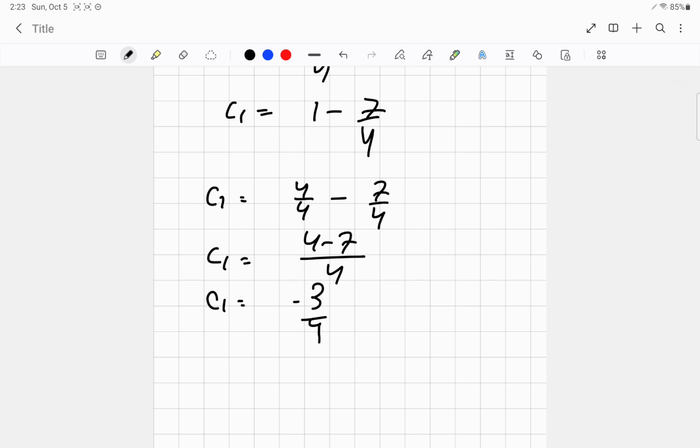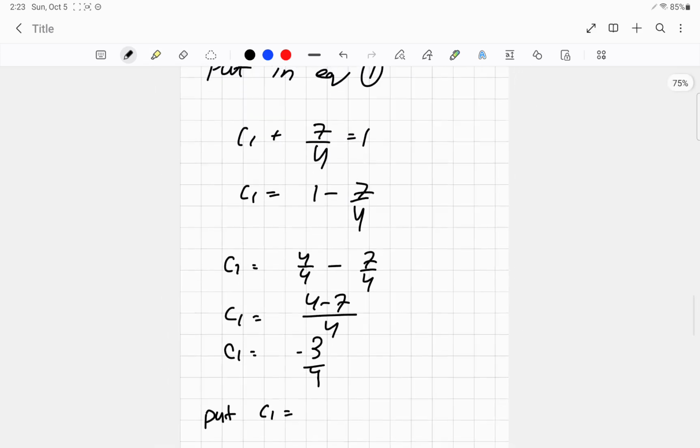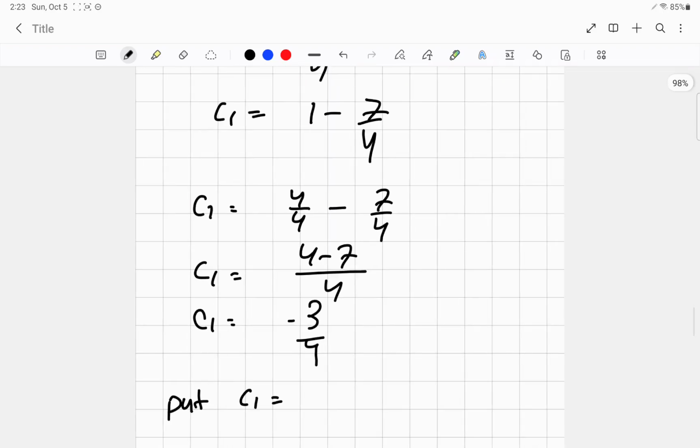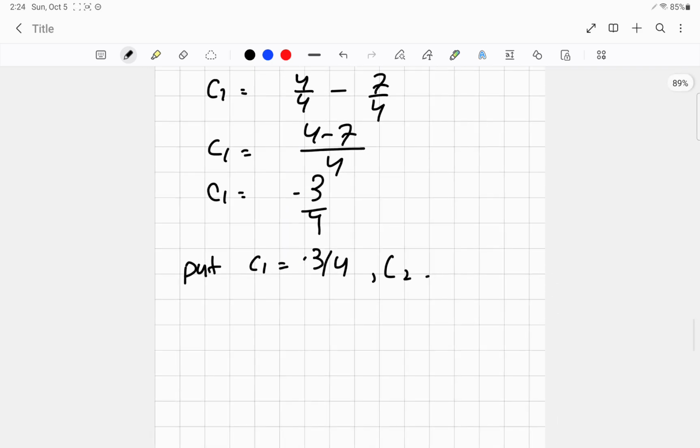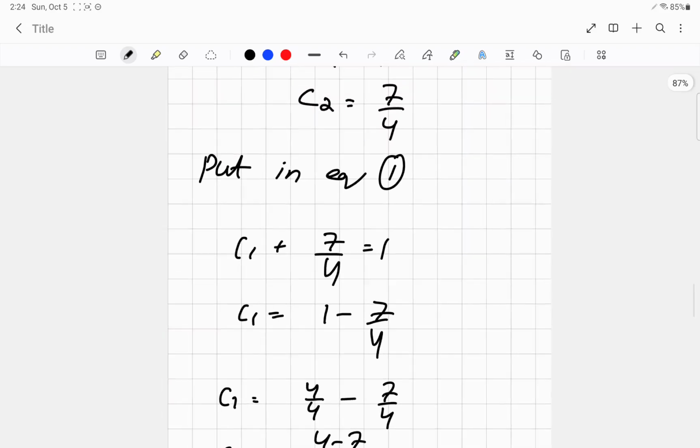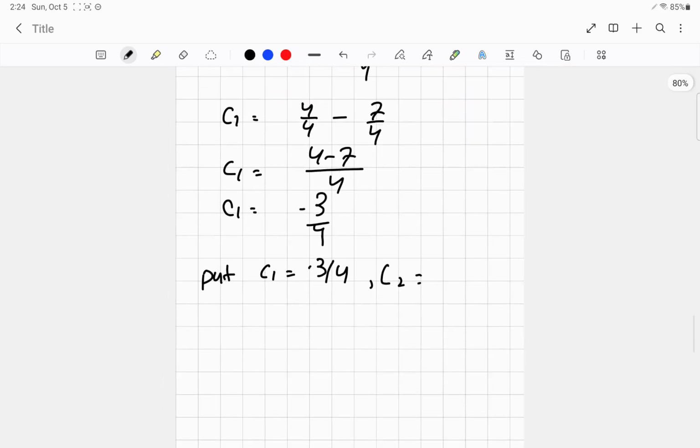Okay, now the final solution, if we substitute the values of c1 and c2 into the general form. What's the value of c1? Here, negative 3 by 4, and c2 equals, what's the value of c2? 7 by 4.